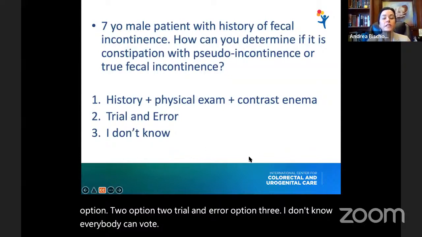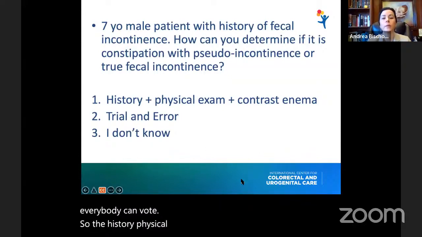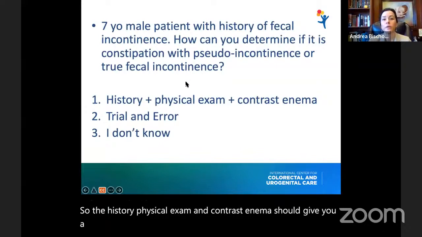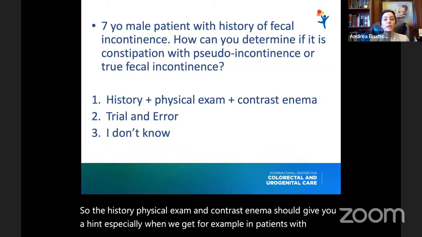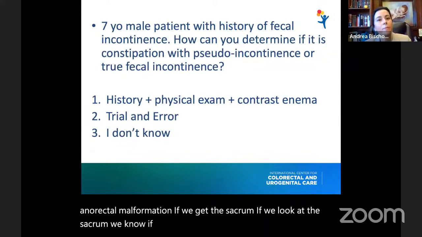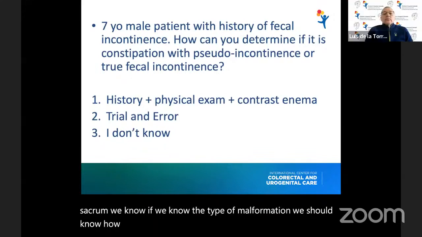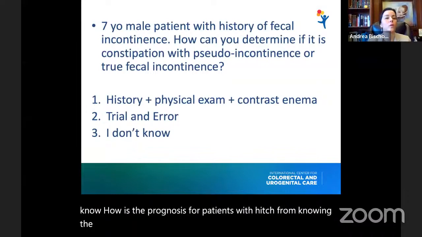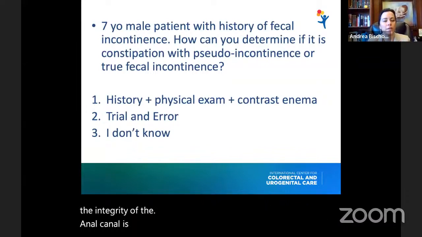So the history, physical exam, and contrast enema should give you a hint, especially when, for example, in patients with anorectal malformation, if we look at the sacrum, and we know the type of malformation, we should know the prognosis. For patients with Hirschsprung, knowing the integrity of the anal canal is essential to determine if they will have bowel control or not.